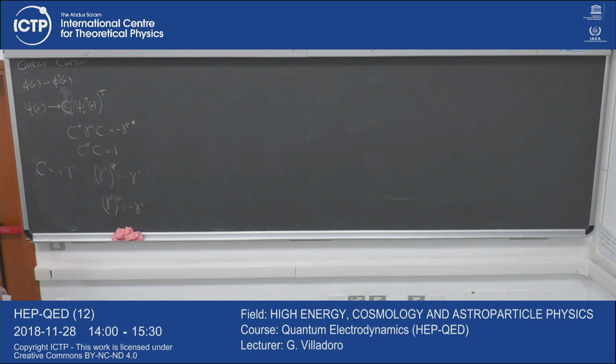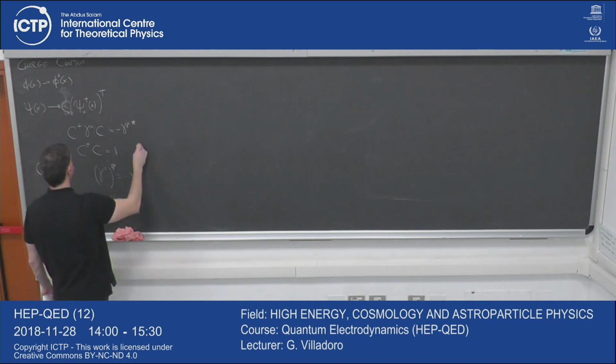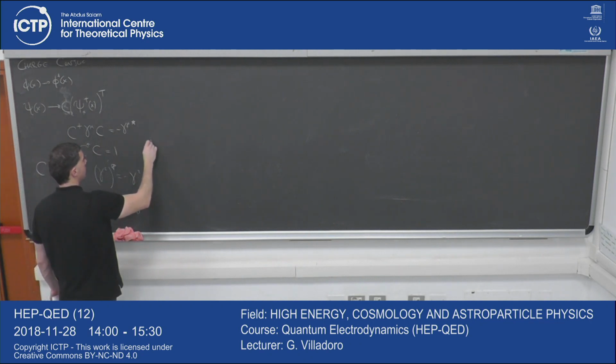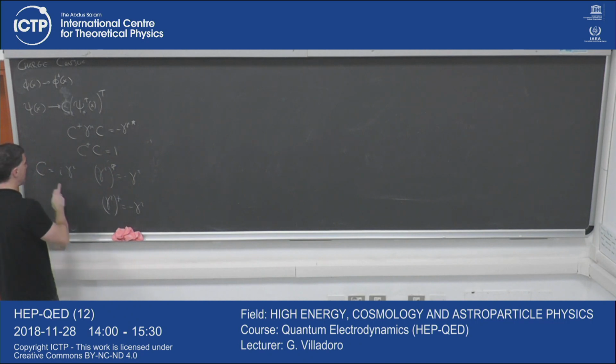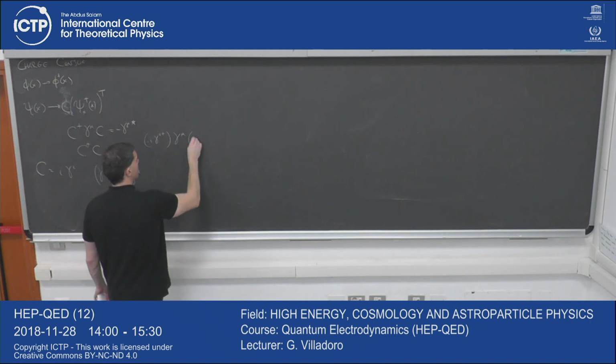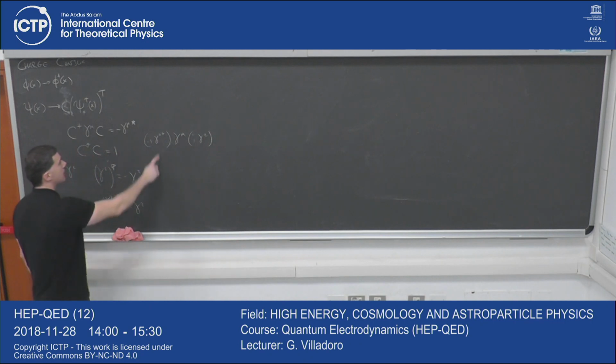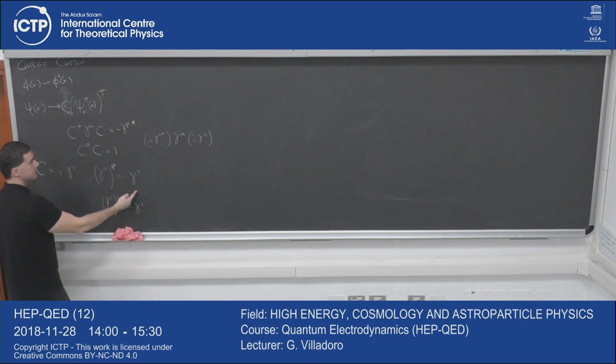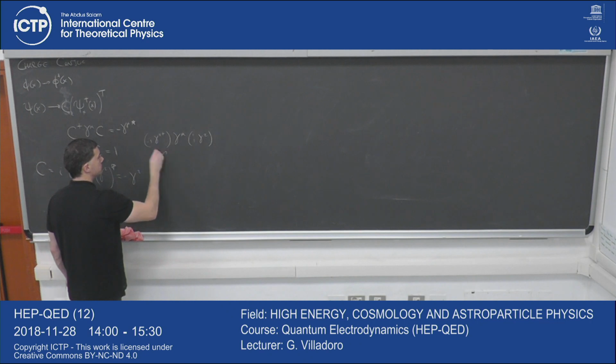So now if you take this equation, you can check that indeed C dagger is minus i gamma 2 dagger times gamma mu times i gamma 2. Gamma 2 dagger is minus gamma 2. So this is i gamma 2, and i squared is minus, so this is minus gamma 2 gamma mu gamma 2.